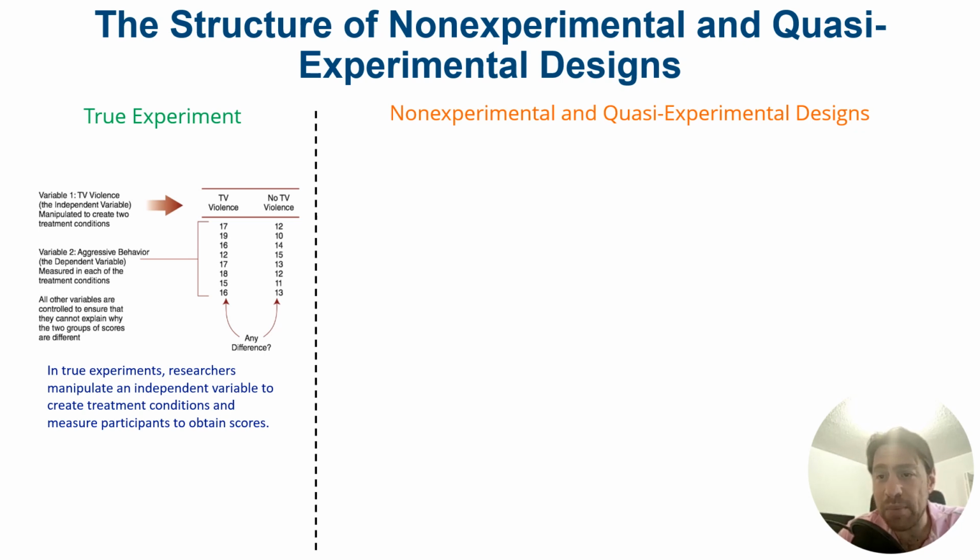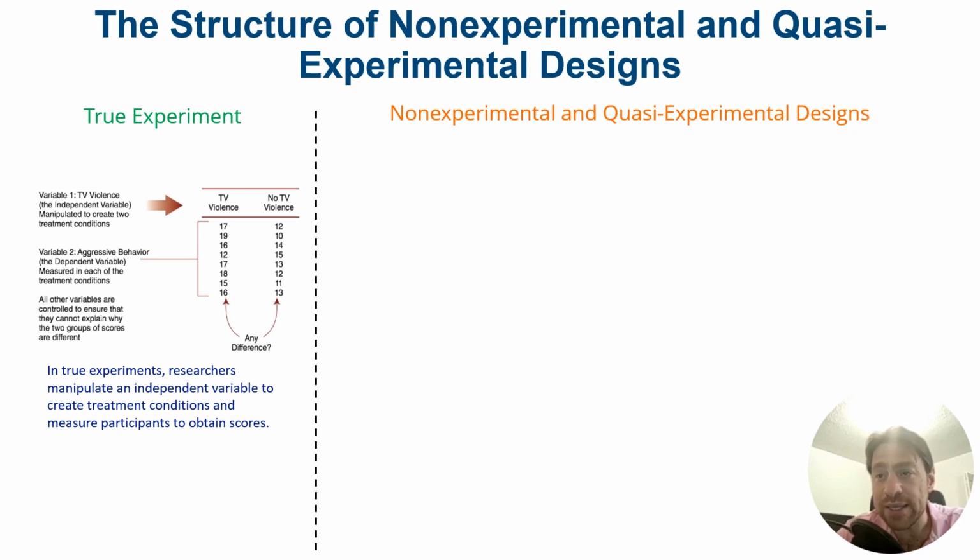So in this example here on the left, this study is examining the effects of violent television on aggressive behavior. So the independent variable is TV violence with 2 levels, the absence or presence of violence, and the dependent variable would be aggressive behaviors.